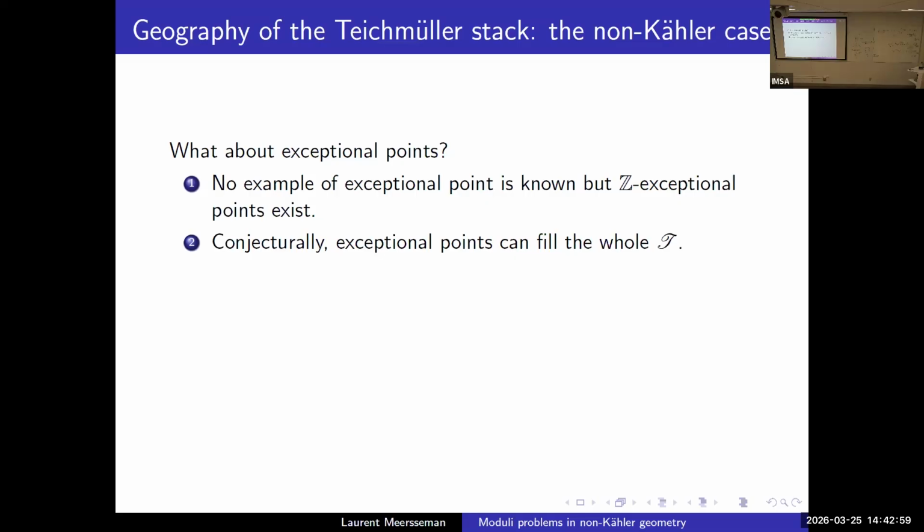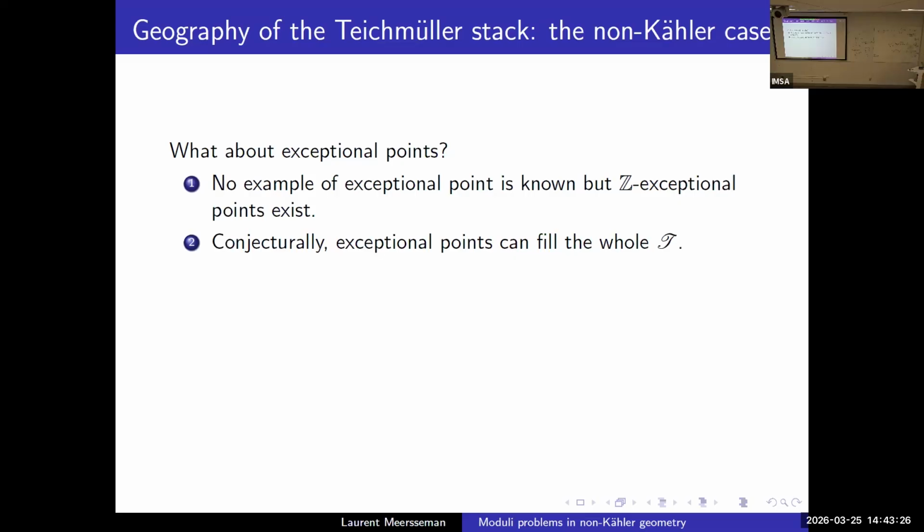But I warn you that here you have something very special that is not connected. Here Diff_Z is not connected. So you don't have this mapping class group I was talking about, but you have a Z version of a mapping class group, which is Diff_Z divided by Diff_0. So you have some non-connected group acting, and it's not exactly the same situation.